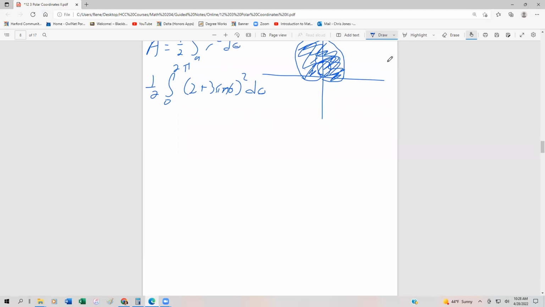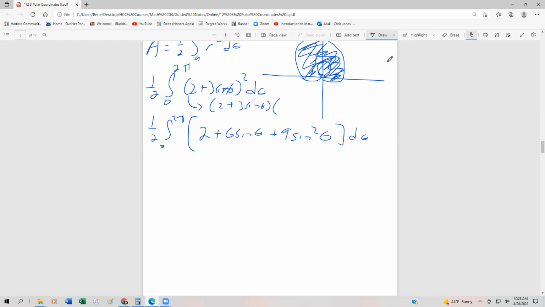So we're going to end up with 1/2 integral from 0 to 2 pi of the quantity 2 plus 6 sine theta plus 9 sine squared theta d theta. Again, to get that, just take 2 plus 3 sine theta and multiply it out by 2 plus 3 sine theta. It's not just going to be 4 plus 9 sine squared theta. We have to make sure we do the FOIL for that.